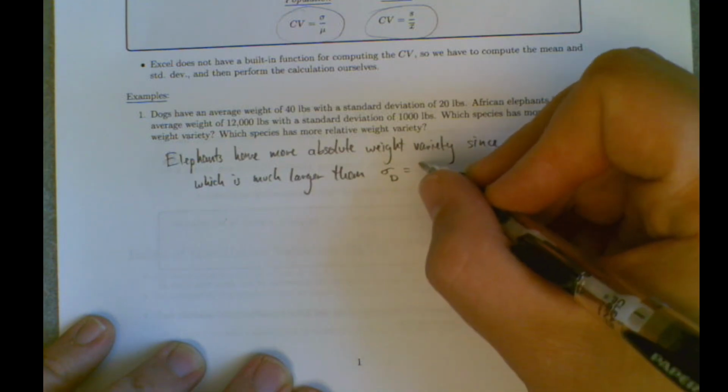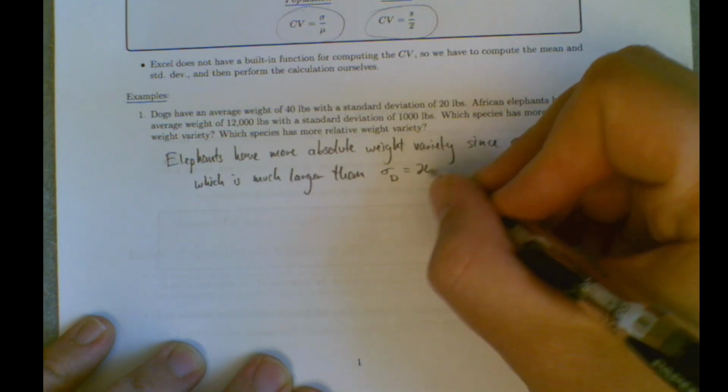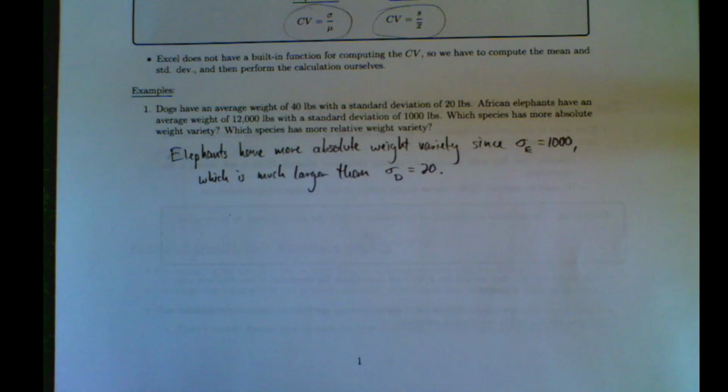Their standard deviation was only 20. So obviously elephants have more absolute weight variety, but which species has more relative weight variety?